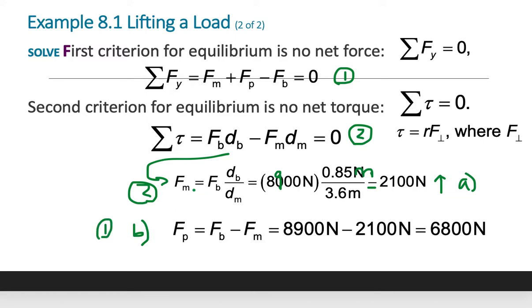Now that we know the force of the man, we substitute it into equation 1, solve for the force of the pivot, and we already know the force due to the bucket. We get 6,800 newtons is the force of the pivot, and it's also in the upward direction.